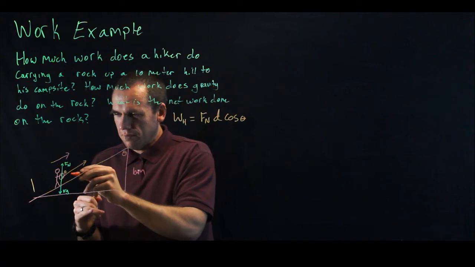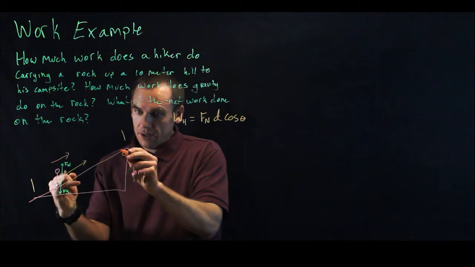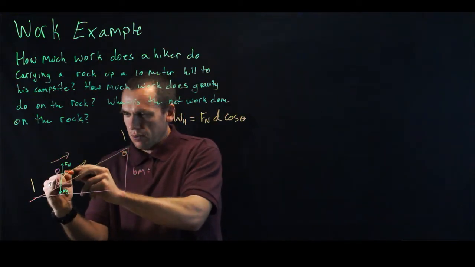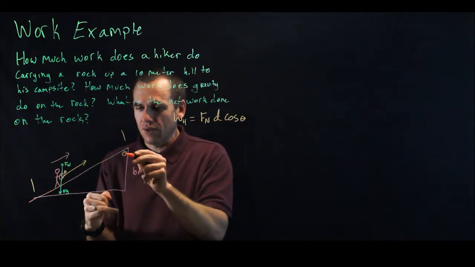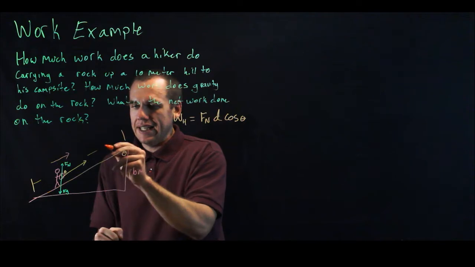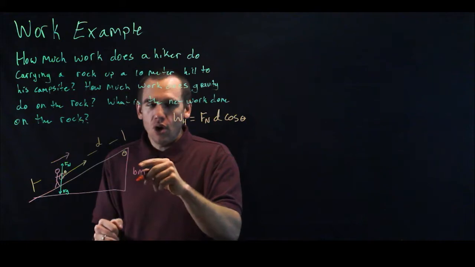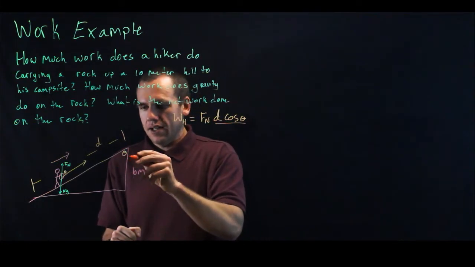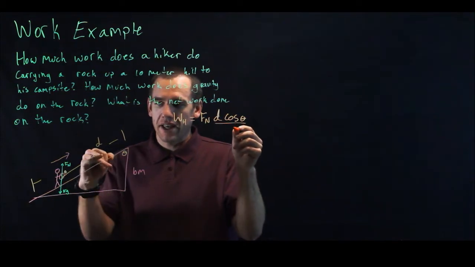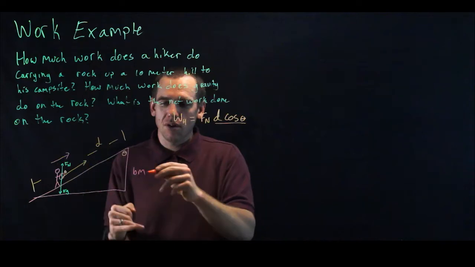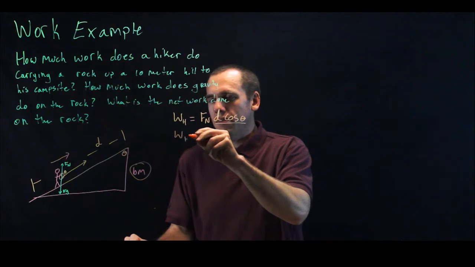And if you just complete this triangle a little bit, you can see that this displacement is parallel to this surface, and you can see that this is perpendicular, and so these are essentially alternate interior angles of a parallel line cut by a transversal, which means whatever length d is, that would be this side, d cosine theta. Cosine theta is the adjacent side divided by the hypotenuse, but the hypotenuse is d, so d cosine theta is the adjacent side.